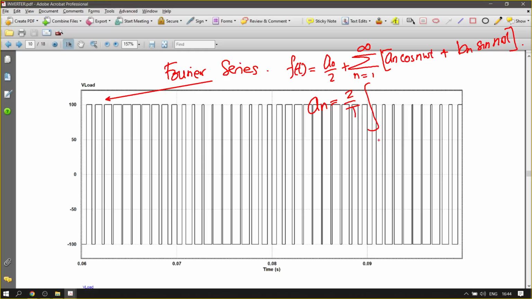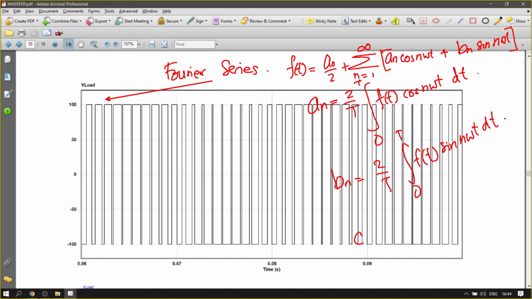An equals 2 over T, integral 0 to T, f of T cos n omega t dt. And then we have Bn equals 2 over T, integral 0 to T, f of T sin n omega t dt.